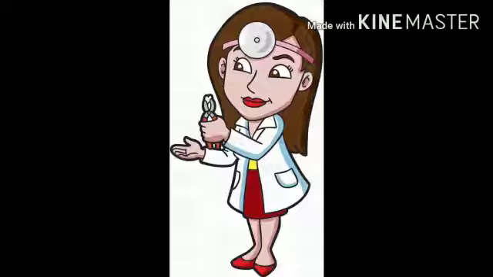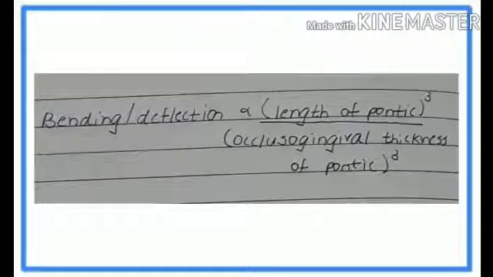And also, as the span of the FPD increases, there will be an increase in the occlusal load acting on the PDL, that is the periodontal ligament, which makes the FPD less rigid. Here is a simple formula which will make this concept clear. The bending or deflection of an FPD is directly proportional to the cube of the length of the pontic and inversely proportional to the cube of the occlusogingival thickness of the pontic.